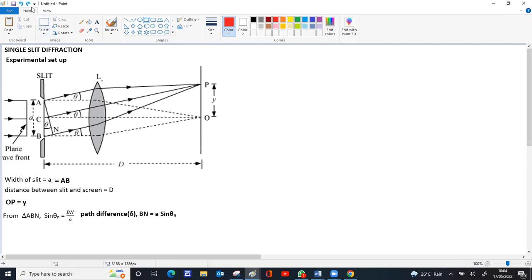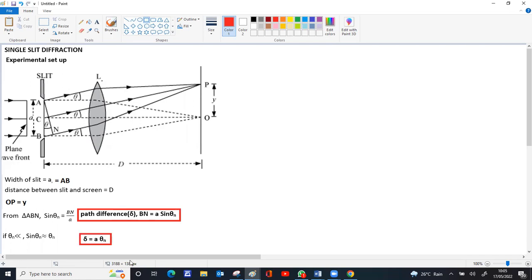Now let's explain the formation of the pattern. If theta is very small, and practically in 99% of cases it will be very small, we can take sine theta as theta. So the path difference BN equals a theta instead of a sine theta.